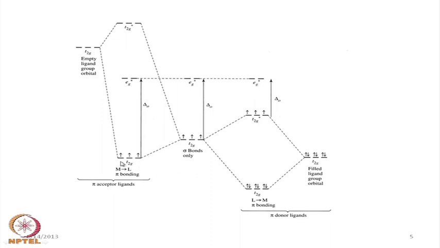But when it is acceptance type, the T2g level is bonding type and the eg level is antibonding type, and we increase the energy gap compared to only sigma bonding interactions. So, pi bonding interactions can move the gap from left to right. In one case it can decrease the splitting gap, and in the other case it can increase it.